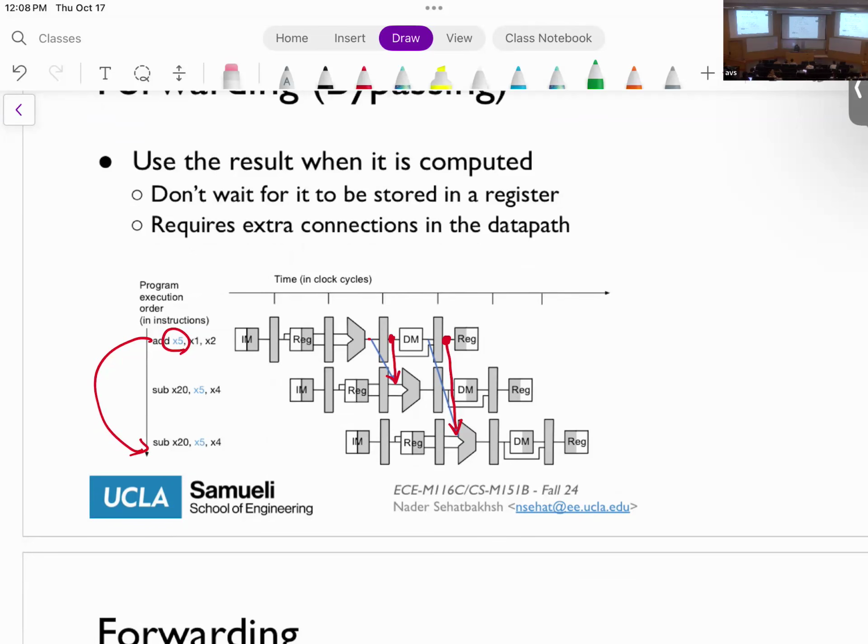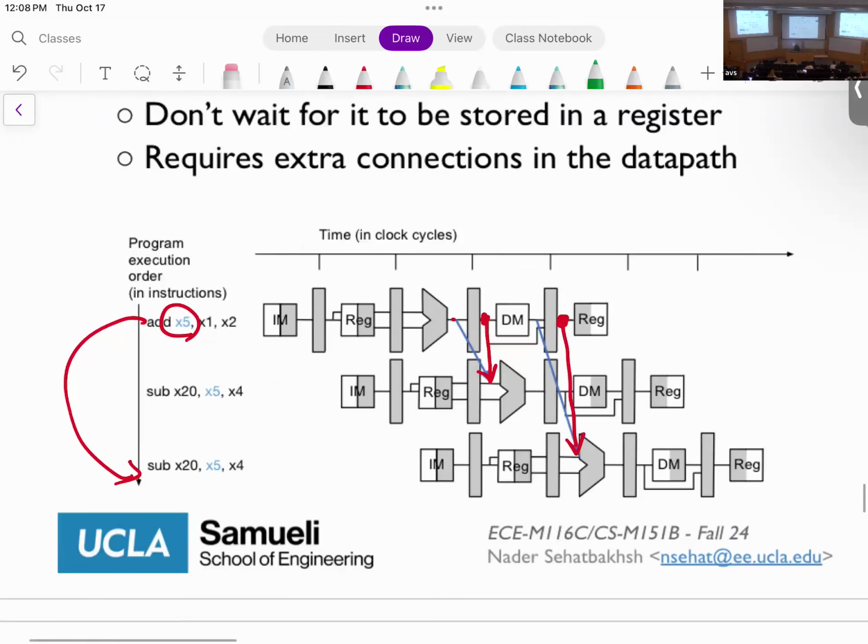Sometimes you need to forward from this instruction to this instruction, and sometimes from this instruction to this instruction. So you need 2 forwardings. We do this by forwarding from the beginning of the DM stage to the ALU, or from the beginning of the write back stage to the ALU. So 2 forwarding paths.